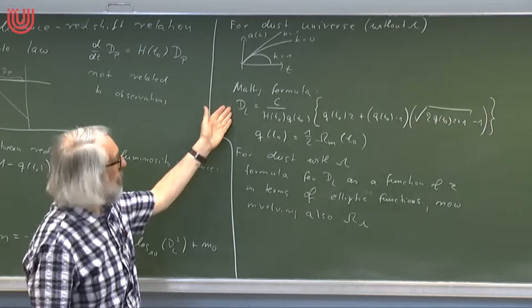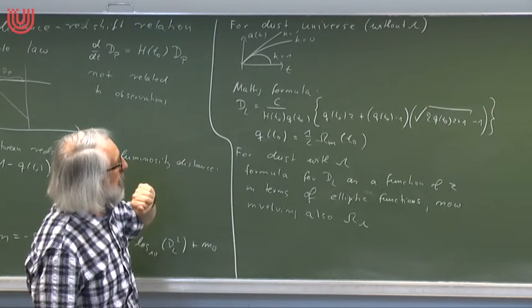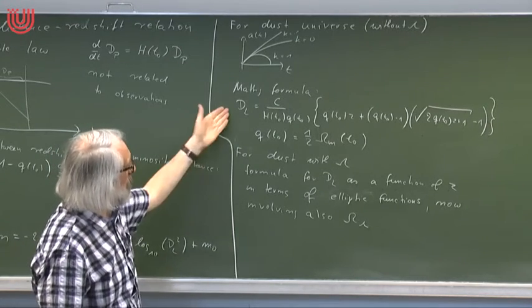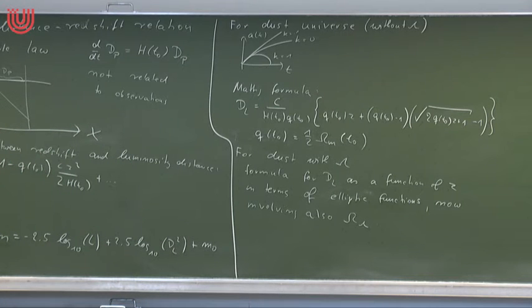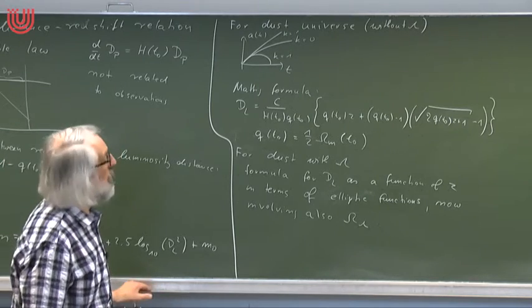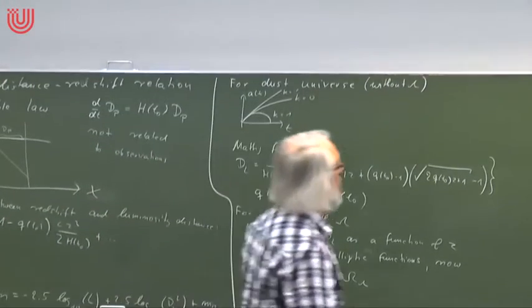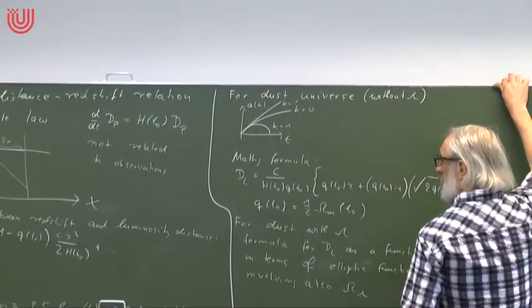You would use this formula and try to fit it. If it doesn't work, you make it more complicated and try to fit it to the formula with a lambda. And that's exactly what has been done over the last several decades. I will now briefly run through these kinds of observations.